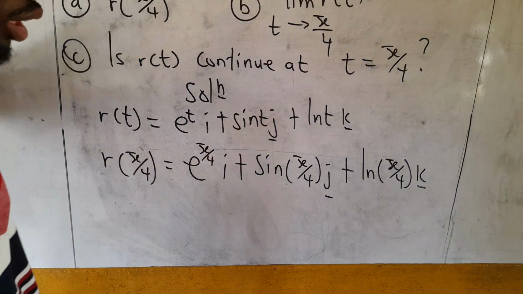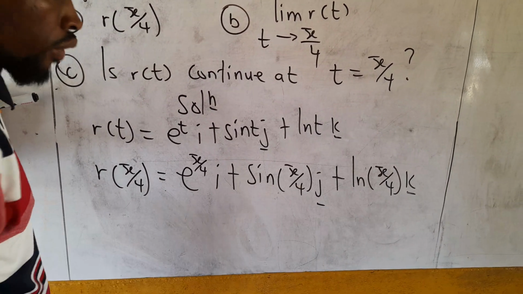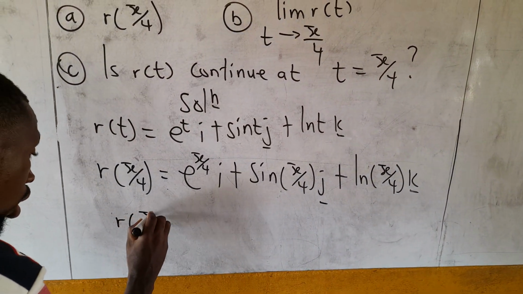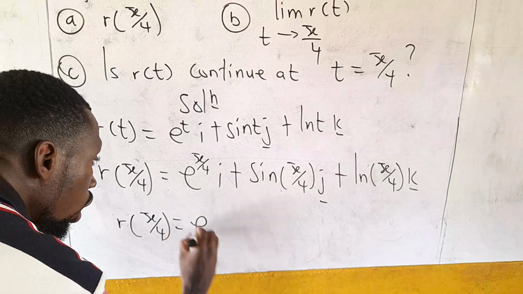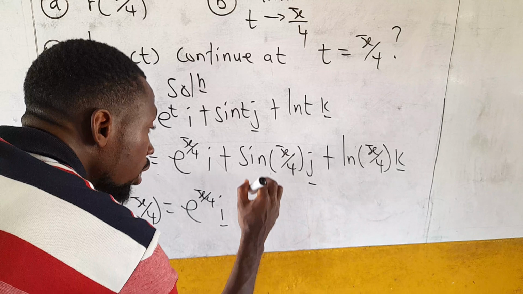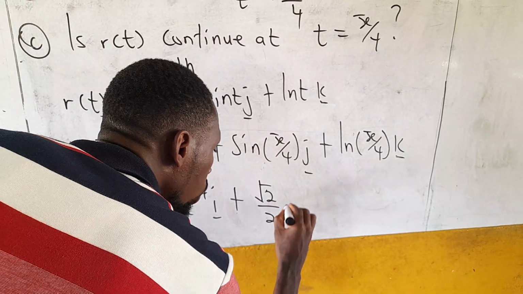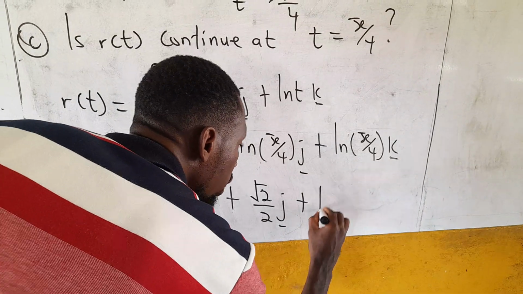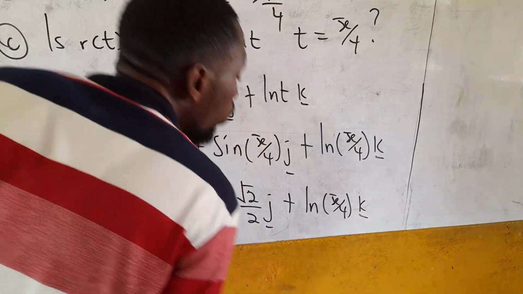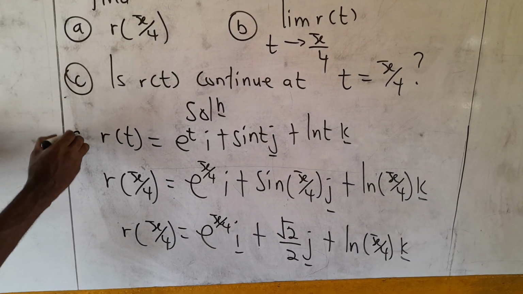Remember, pi in degrees is 180 divided by 4, which is 45 degrees. Sine 45 is root 2 over 2. So we can say our r of pi over 4 is equal to e^(pi/4) in the direction of i plus root 2 over 2 in the direction of j, then plus ln pi over 4 in the direction of k.